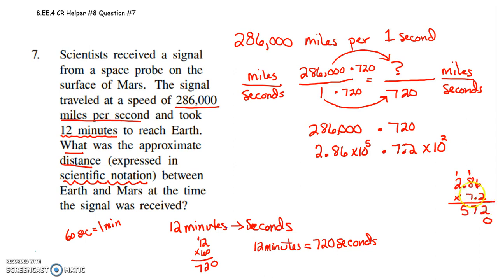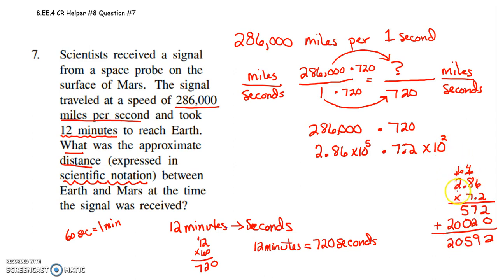You'll notice I didn't line up my decimal points, and I'm ignoring decimal points in the center of the problem. Now I do 7 times 6 is 42. Put down a 2, carry a 4. 7 times 8 is 56, and 4 more is 60. Put down a 0, carry a 6. 7 times 2 is 14, and 6 more, I believe, is 20. Add that up. We have a 2. We have a 7 plus 2 is 9. We have a 5. We have a 0. We have a 2.